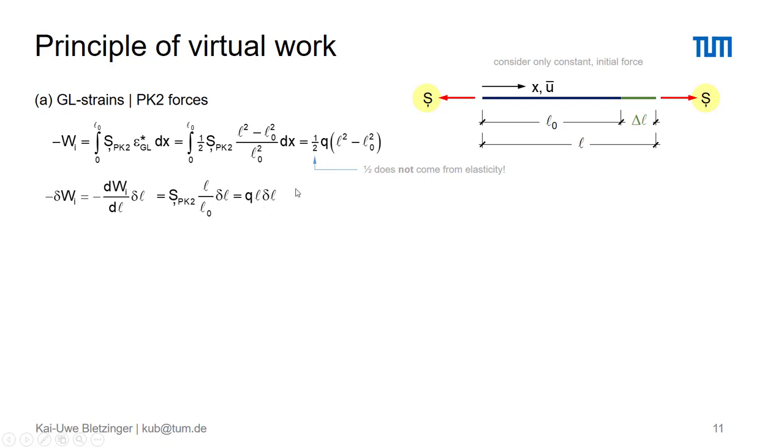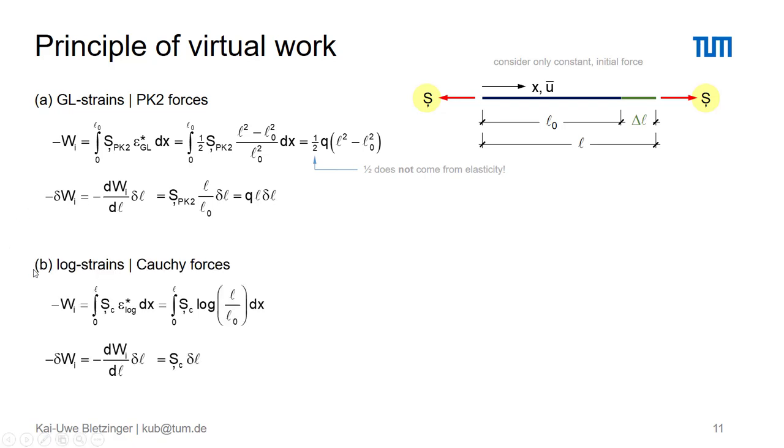And finally, we receive this expression here. The derivative of L squared gives 2L, which just cancels against this 1/2, and what remains is just Q times the deformed length, post-multiplied by the variation of this length. And from this virtual work equation, we will derive later on all the necessary equations to solve the problem.